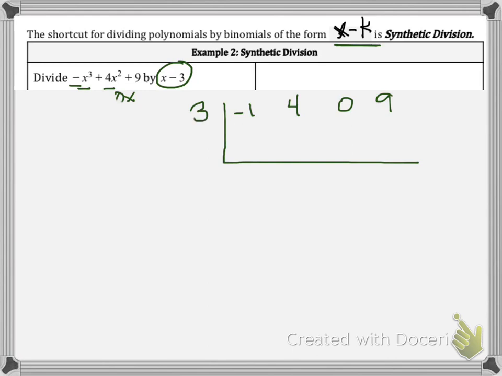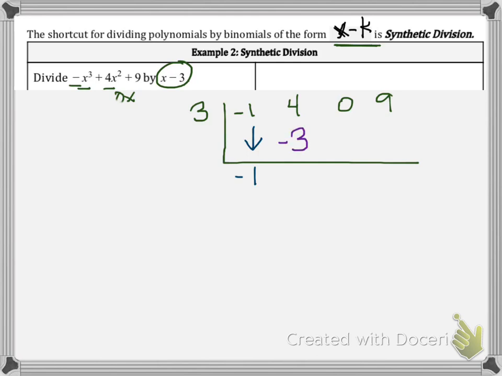Now, the first step is to bring down the first number, the leading coefficient, which is -1. After that, we multiply. We have 3, and we multiply this 3 times this -1. So 3 times -1 is -3.